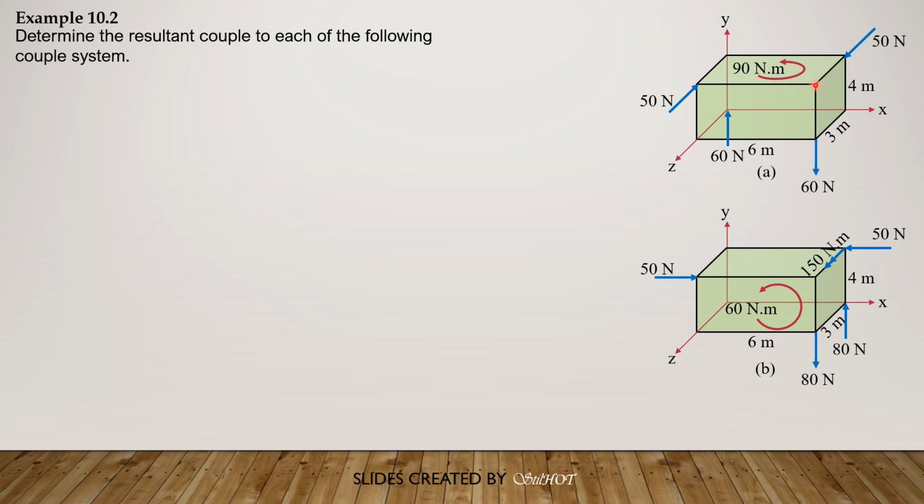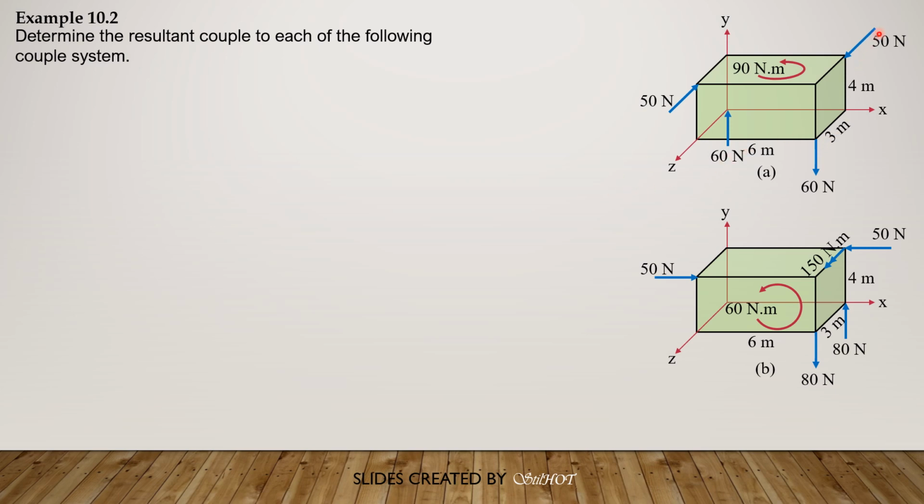For the first, we have to evaluate the moment about each axis. Moment about x: 60 times 3, and that's positive.